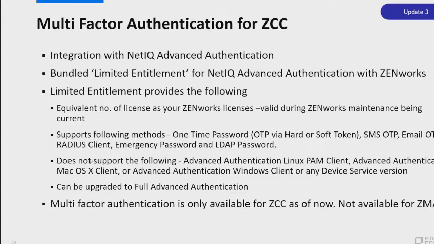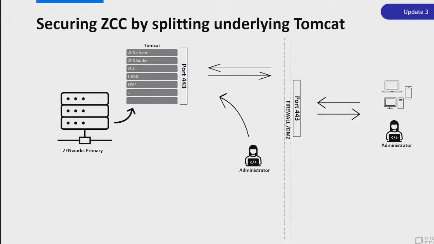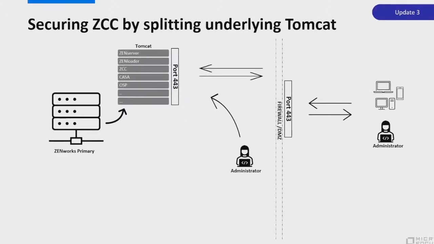Okay, so we talked about multi-factor authentication. Let's talk about securing ZCC. This is one of the things that we've done to help continue to secure primary servers on your perimeter, in your DMZ.